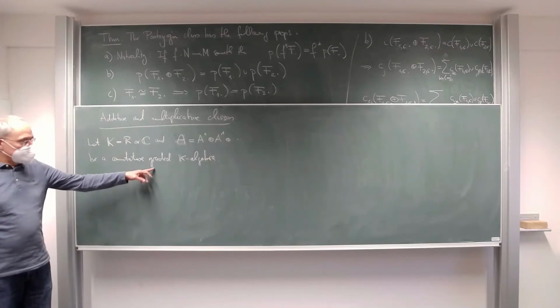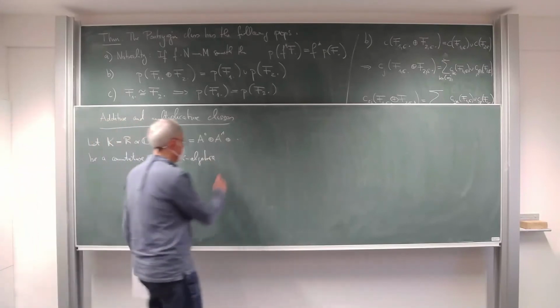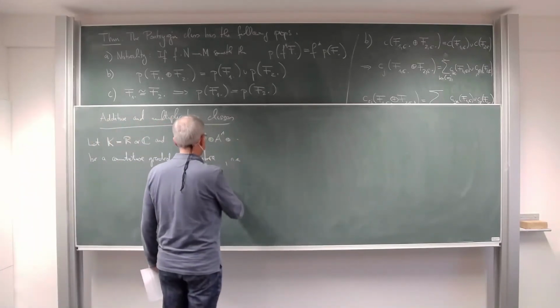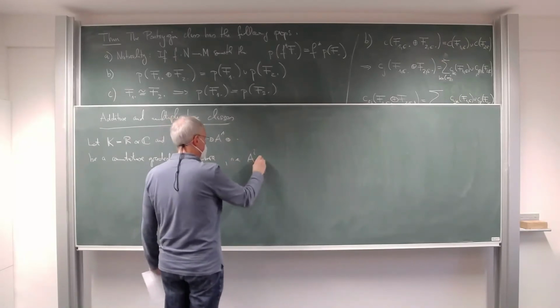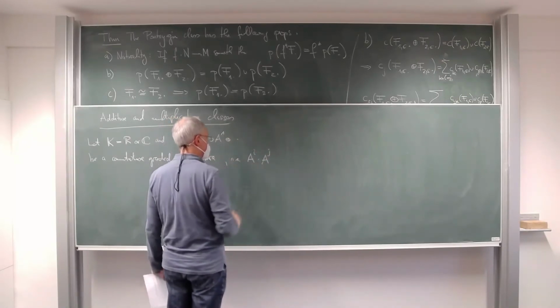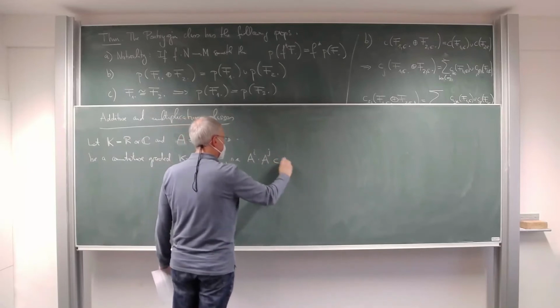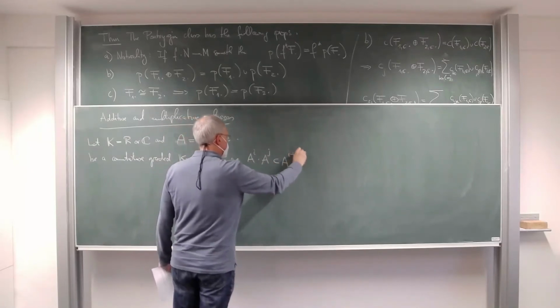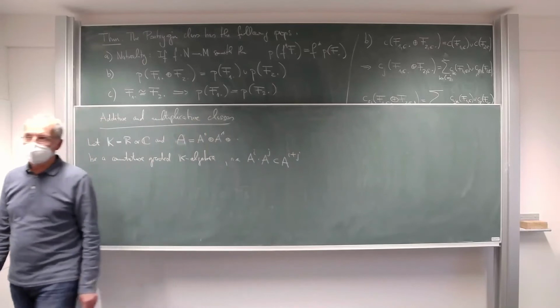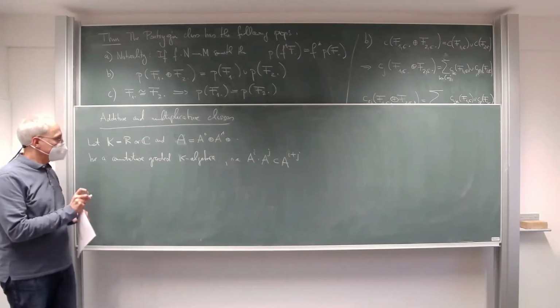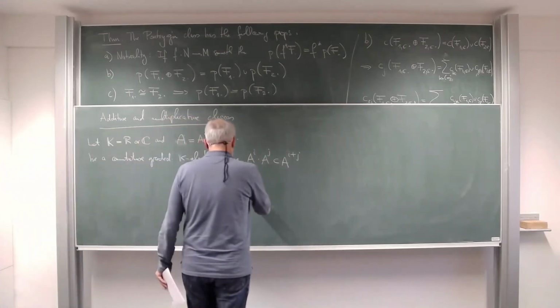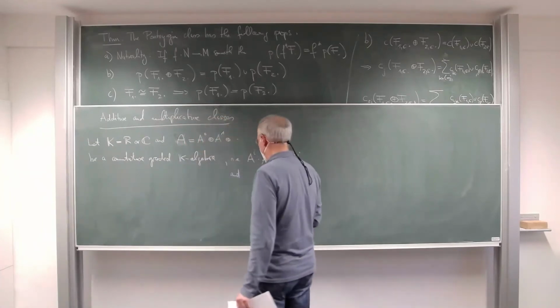It's a graded algebra. This means that if I take something from Ai and multiply it with something from Aj, then I get something in A(i+j). So it's a degree, like the degree for forms or homology classes. And it's commutative, meaning really commutative in the traditional sense.